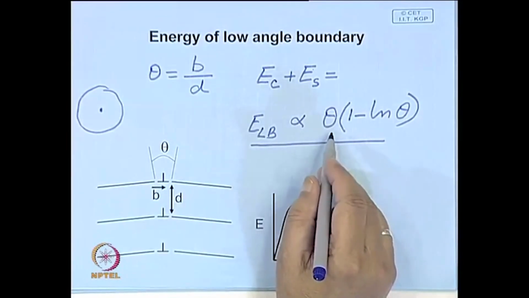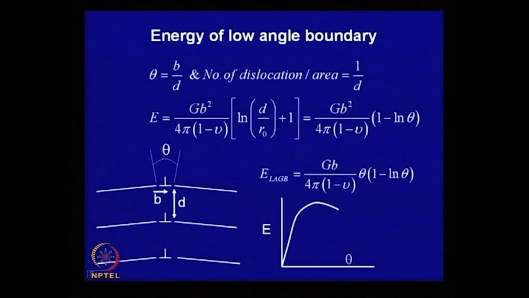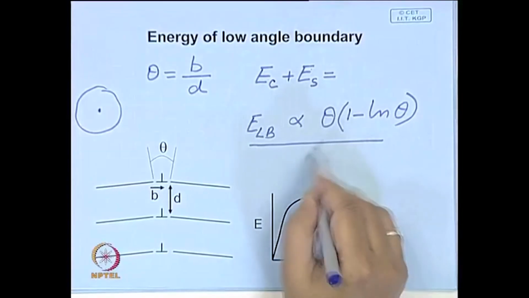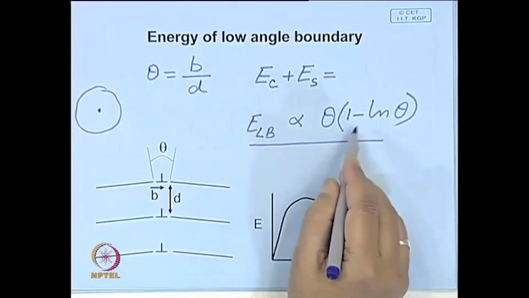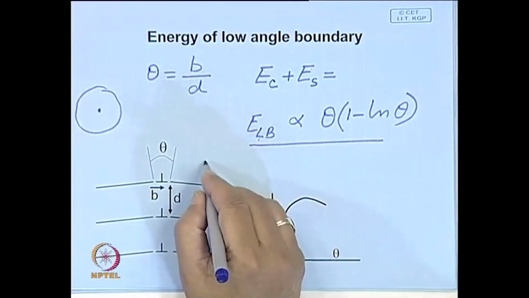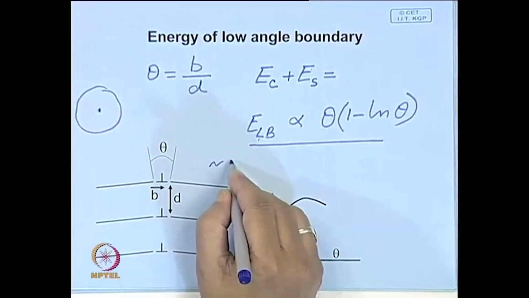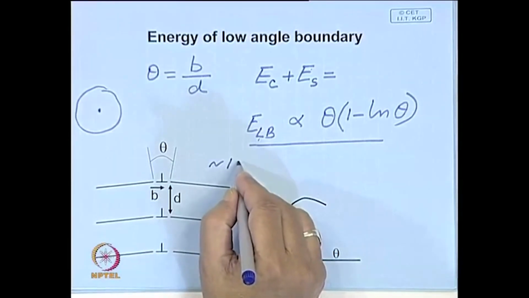As you can clearly see, if theta is 0, then the energy of the boundary will be 0, but as theta increases, the boundary energy will increase. We always think about low angle boundaries, where the mismatch is very low, maybe a maximum of the order of 5 to 10 degrees.